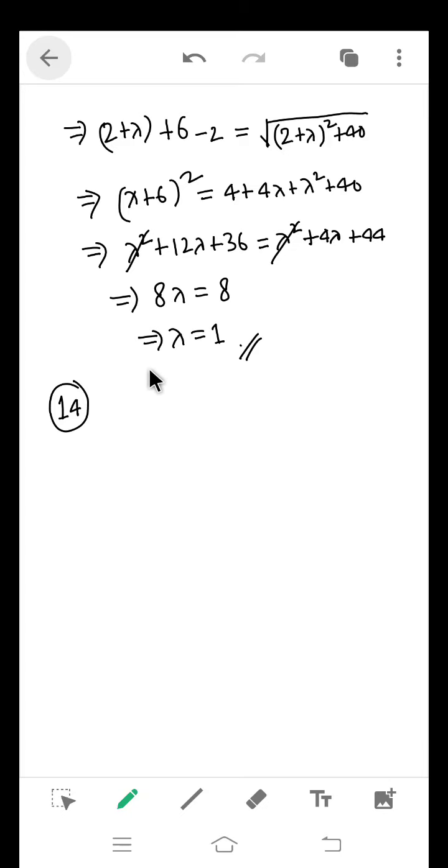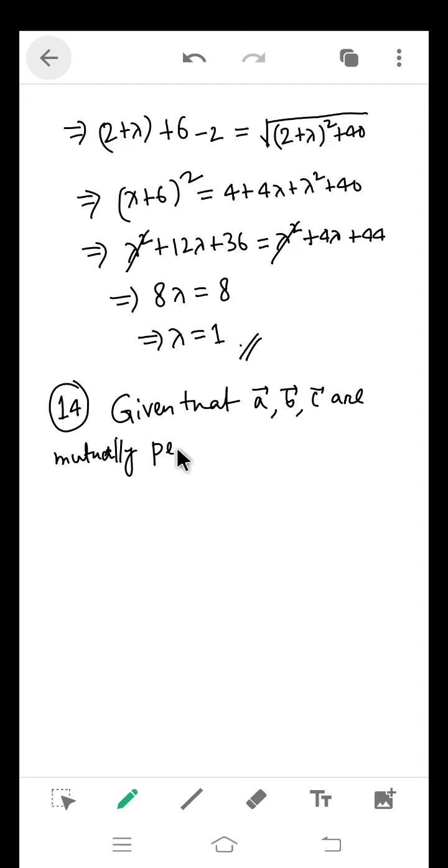Then show that the vector A plus B plus C is equally inclined to A, B and C. So, given that A, B, C are mutually perpendicular vectors having the same magnitude, vectors of equal magnitude.